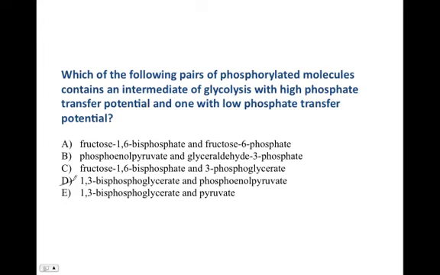So from this we can eliminate D. Both of these, the bisphosphoglycerate and the phosphoenolpyruvate, are both high energy molecules. We can eliminate E as pyruvate is not phosphorylated.